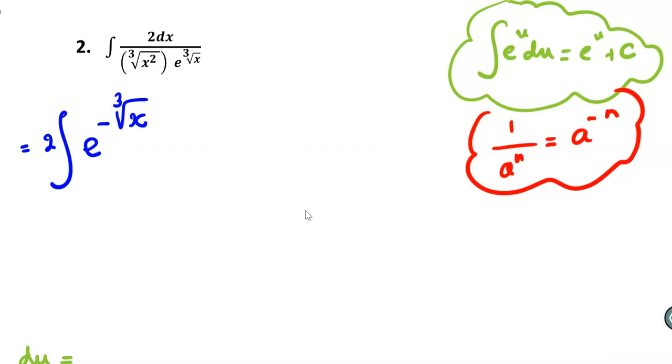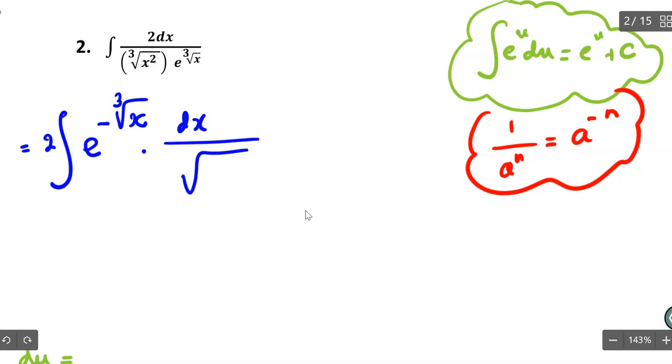Then I multiply that with dx divided by the cube root of x squared. So basically what I have done is apply this formula so that I have e raised to this exponent as negative, so that e is not in the denominator anymore. You must have e as the numerator.